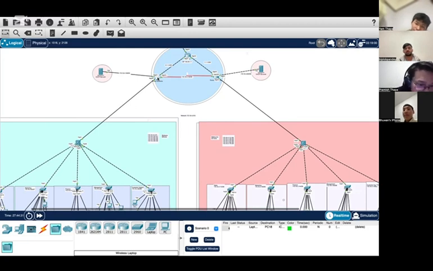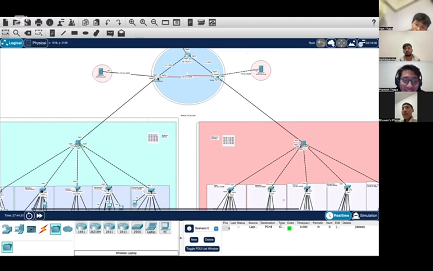We are making five VLANs on the router, from GigabitEthernet 0/0.1 up to 0/0.5. We'll be making those VLANs for the systems.